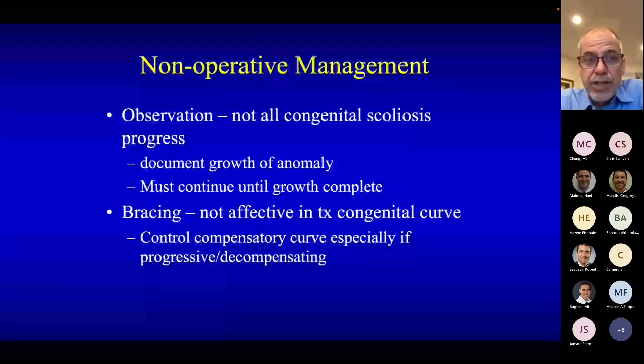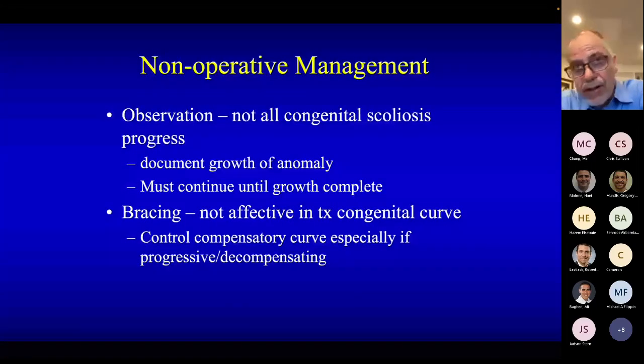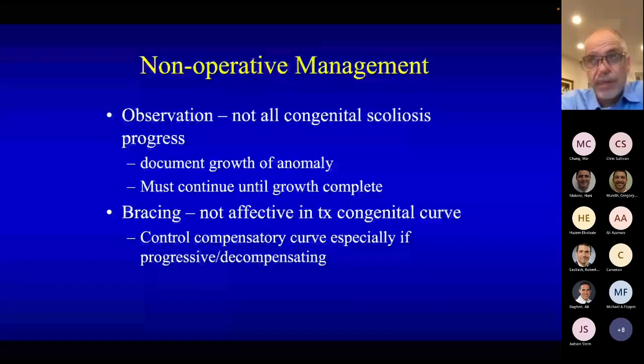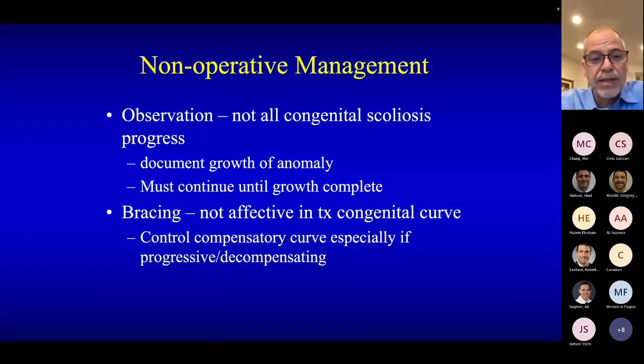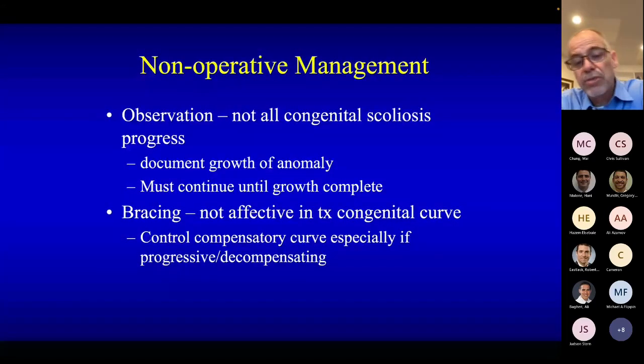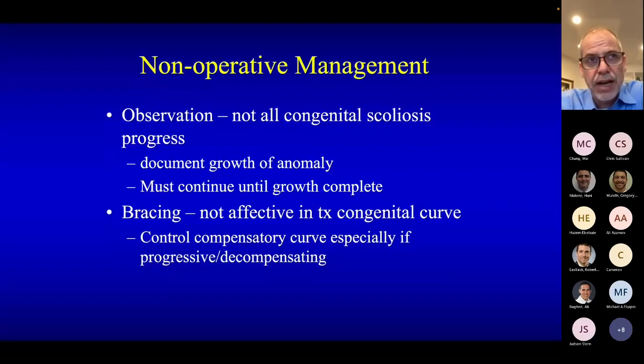But a hemivertebra that is progressing and is only 25 or 30 degrees, you can continue to observe that till it gets to a commonly surgical number of 50 degrees, or wait till the patient's older. But that's probably a curve that, if you continue to observe, you're actually doing harm and probably should have a surgical intervention. So in congenital scoliosis, or really any scoliosis in pediatrics, observation isn't necessarily always the most benign approach.